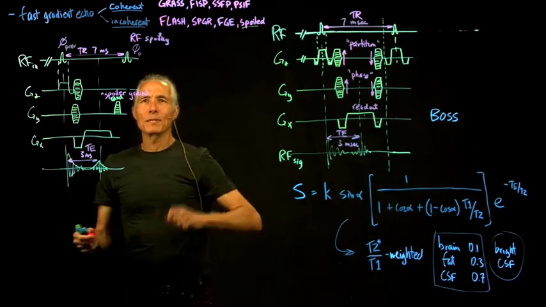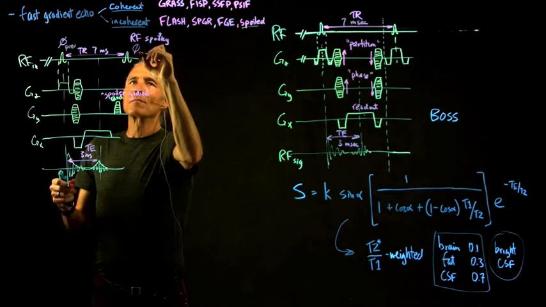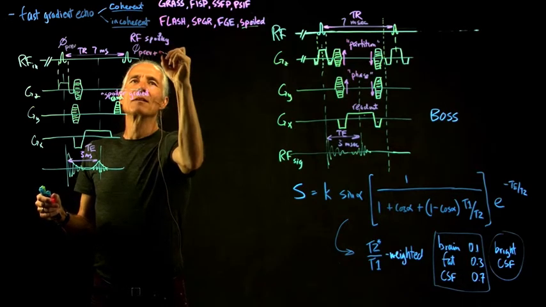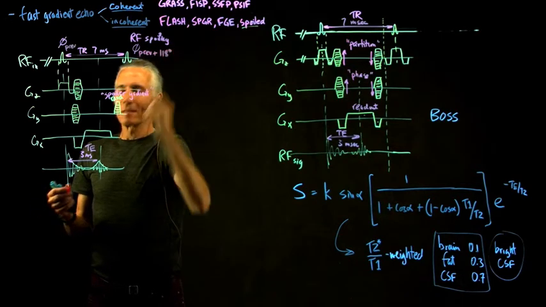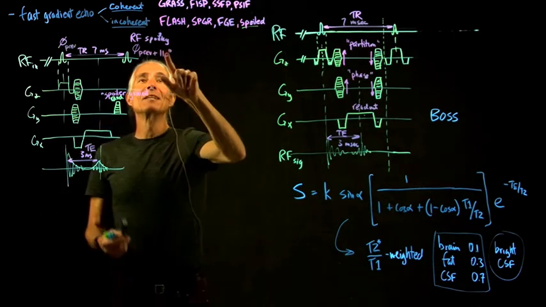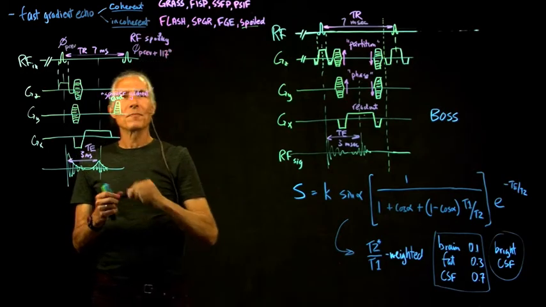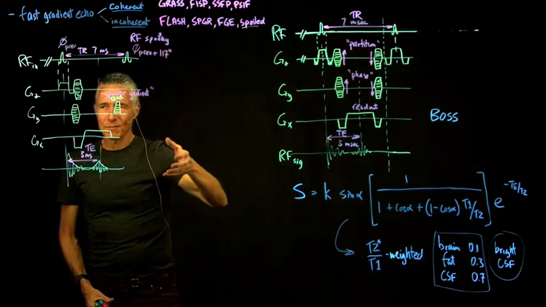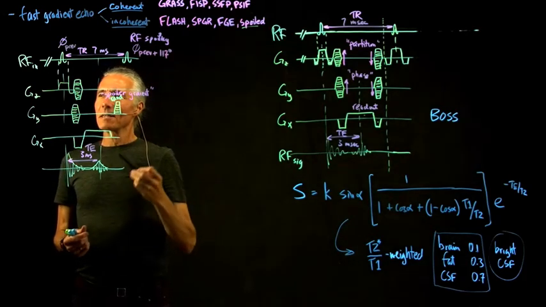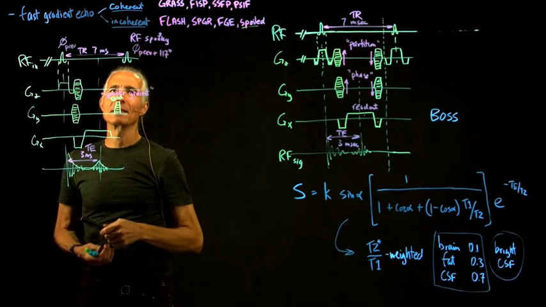But what we could do here is set the next phase to 117 degrees. Doing simulations, people figured out that if you offset each successive pulse by 117 degrees, it optimally messes up the magnetization from the previous.